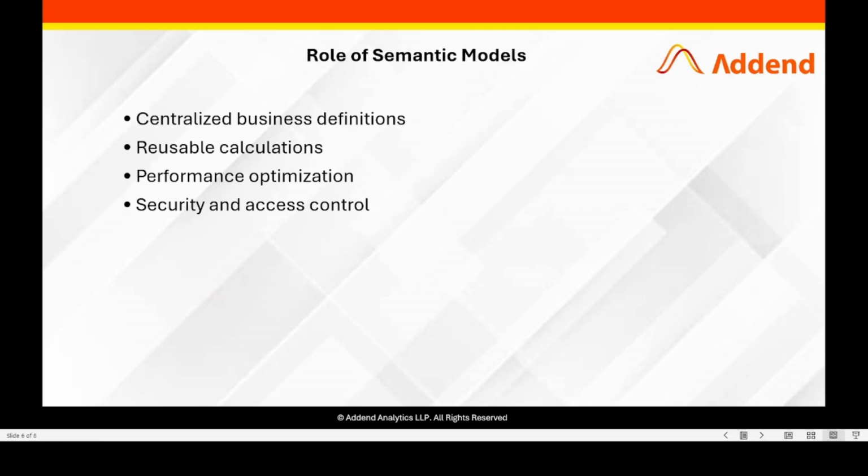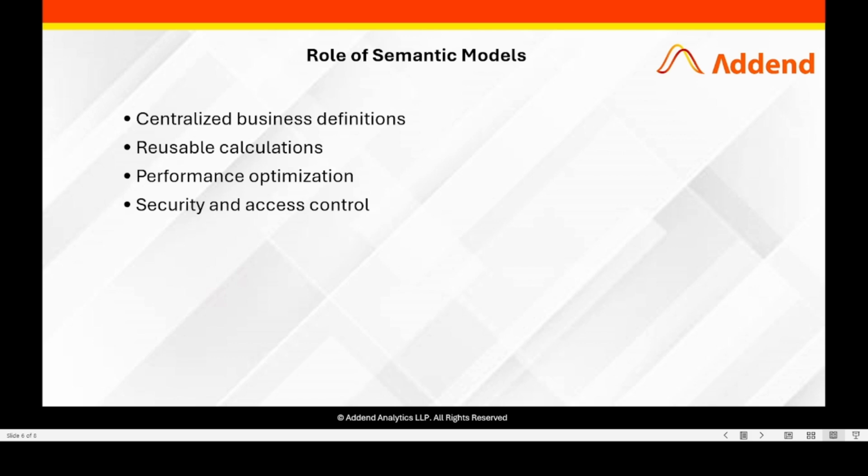So, what is the role of semantic models in self-service BI, the backbone of scalable self-service BI? Semantic models play a critical role in successful self-service BI. They act as a single source of truth by centralizing business definitions and calculations. Reusable measures ensure consistency across all reports.